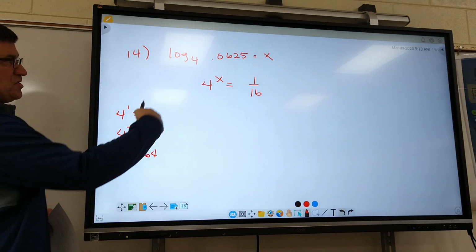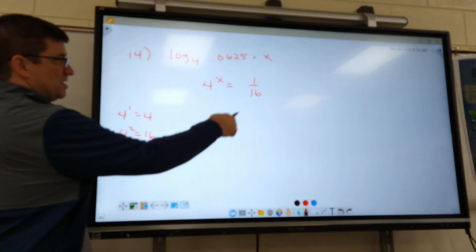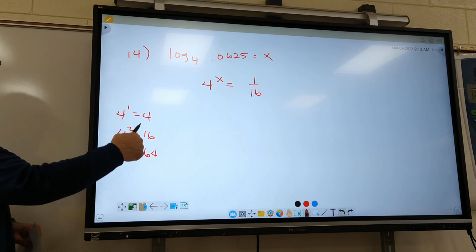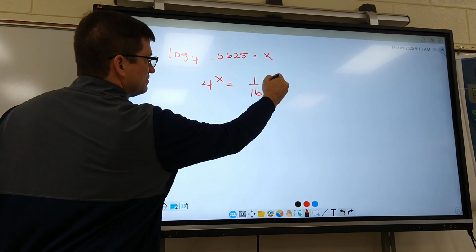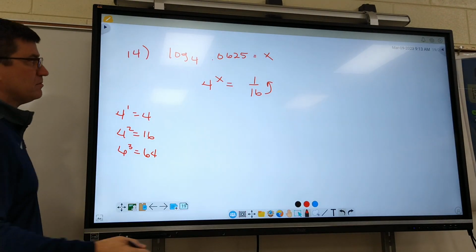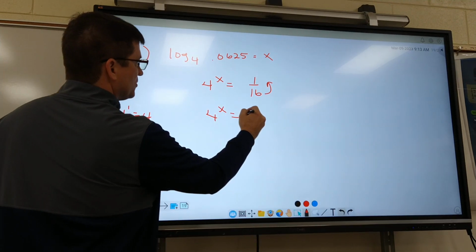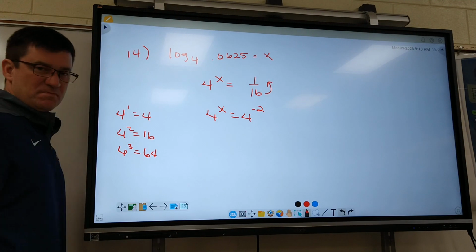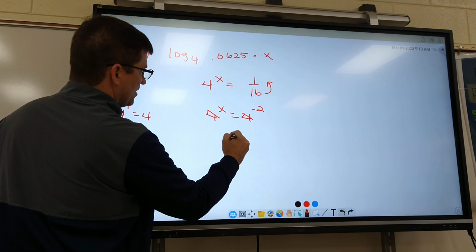All right, what's next? Change and make the same number. 16 is 4 squared. And what's that going to change to when you move it up? 4 to the negative 2. So it's 4 to the x equals 4 to the negative 2. Answer? Negative 2. The 4's cancel out.